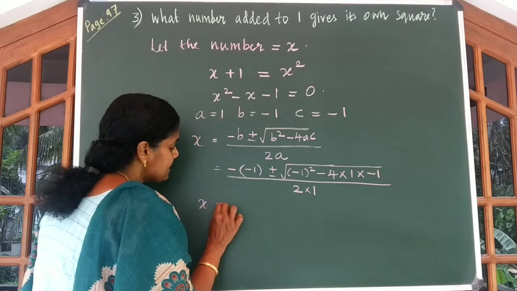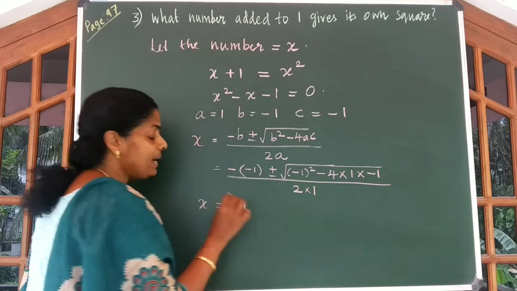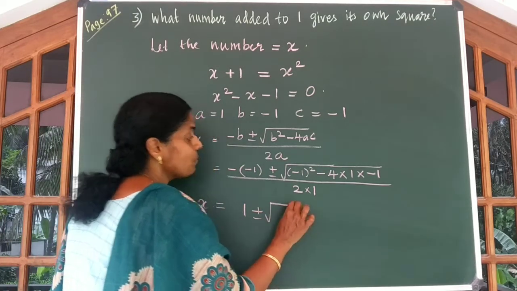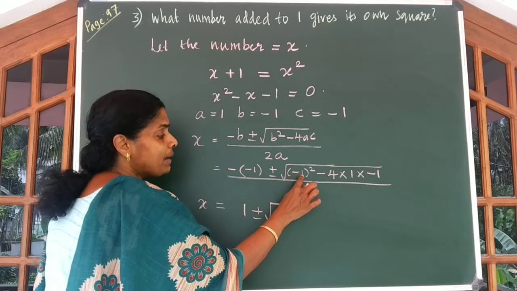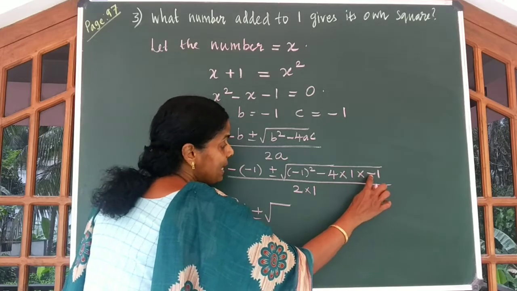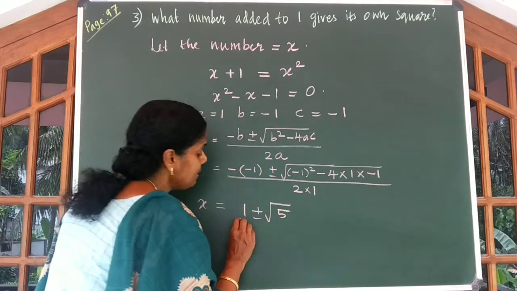That is x is equal to minus of minus 1, which gives you plus 1. So you get 1 plus or minus root of, here minus 1 the whole square is equal to 1. 1 plus 4 gives you root 5, divided by 2.